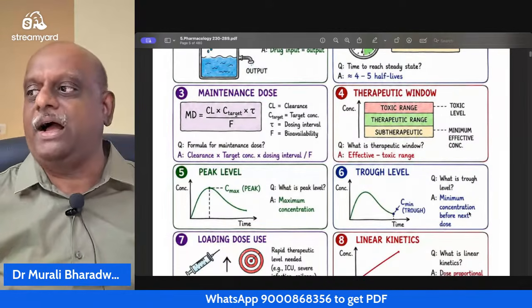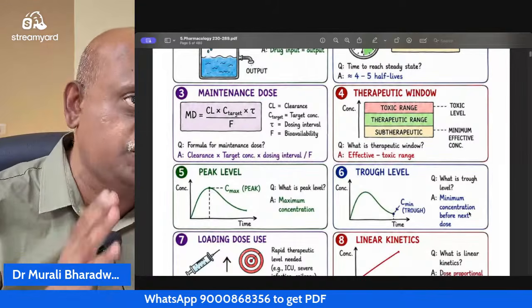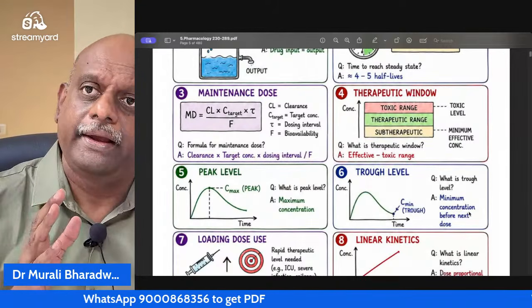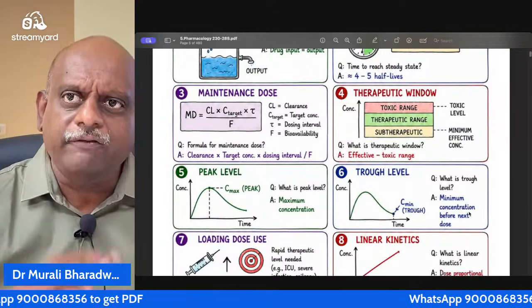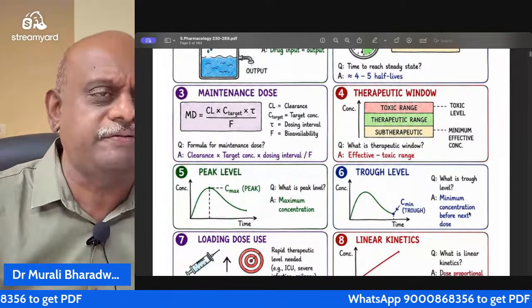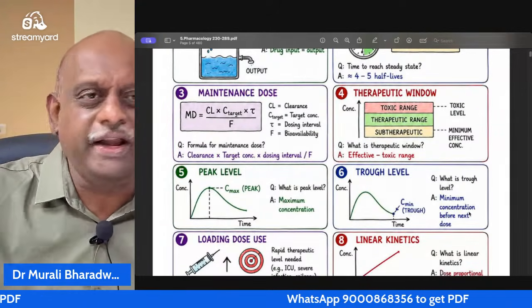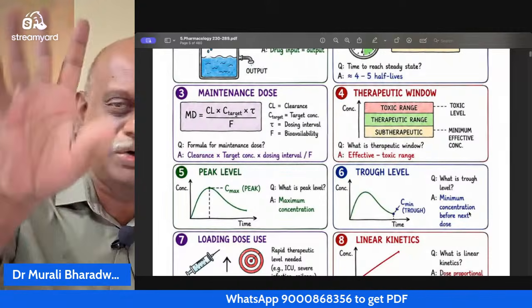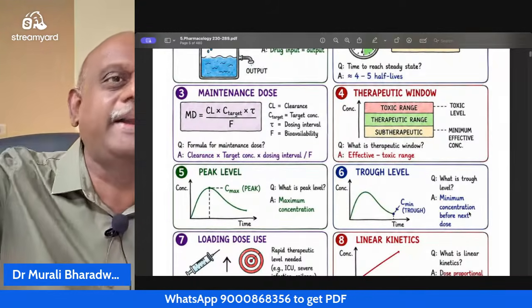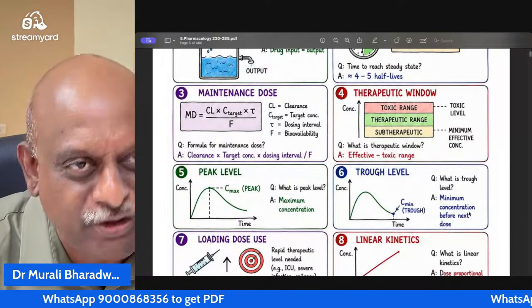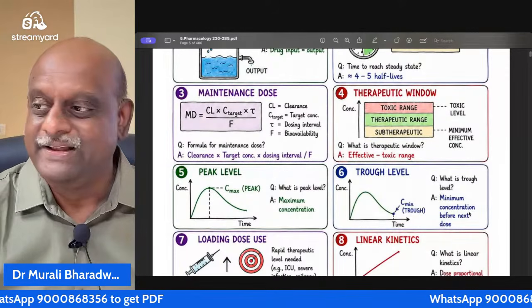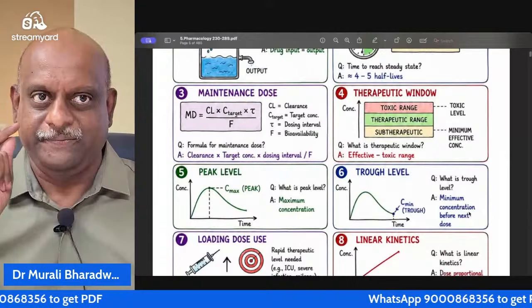So that should be the outlook and approach for the preparation for the NEET PG exam. Because after getting a seat, all this is waste. You don't need to know maintenance dose or loading dose when you are clinically practicing as an orthopedic surgeon or a cardiothoracic surgeon, right? So until the exam, we need to.